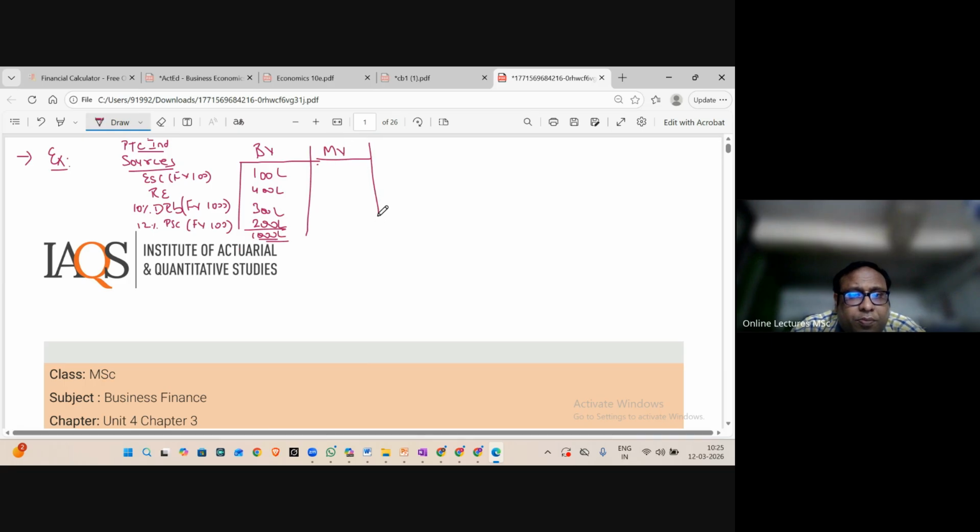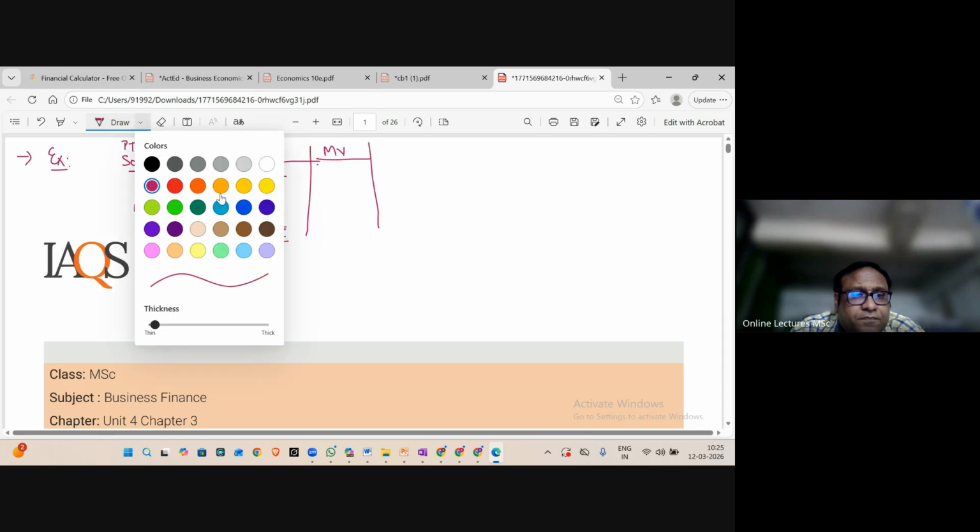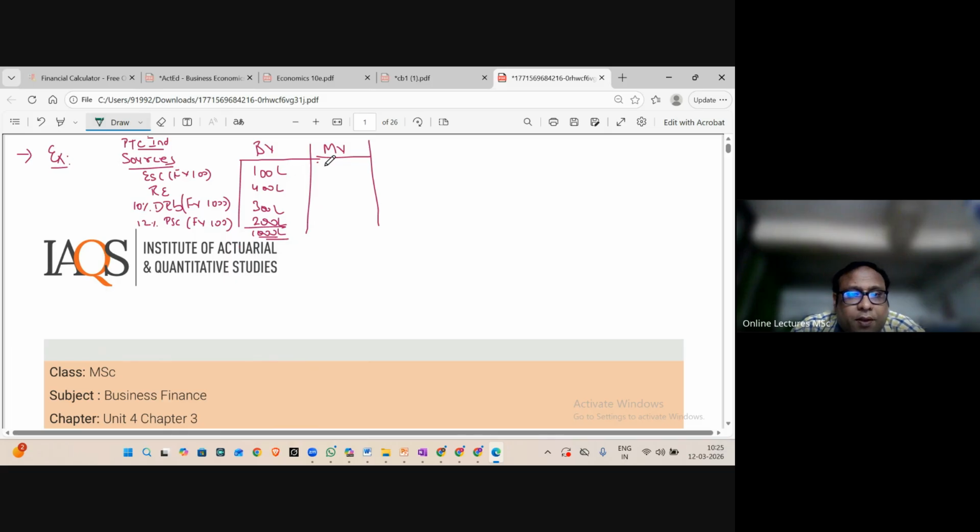Now, Kaustubh, Ashok, given this data, let's say the market value of equity is 1200 lakhs. Retained earnings does not have market value. Debt is trading at 310 lakhs and PSC is trading at 220 lakhs. So this is the total enterprise value of the company.